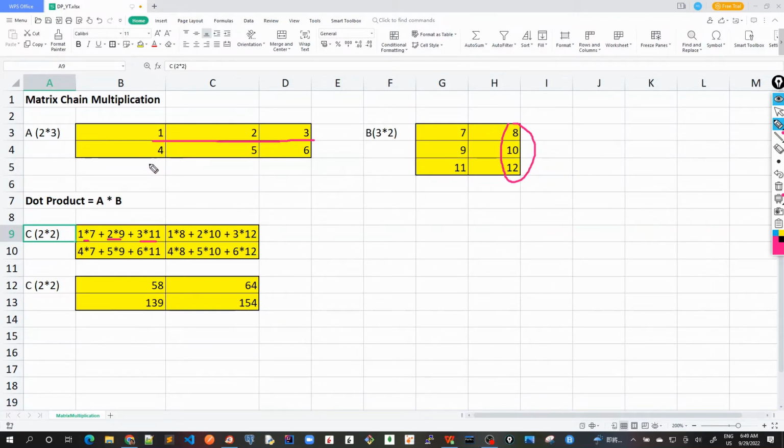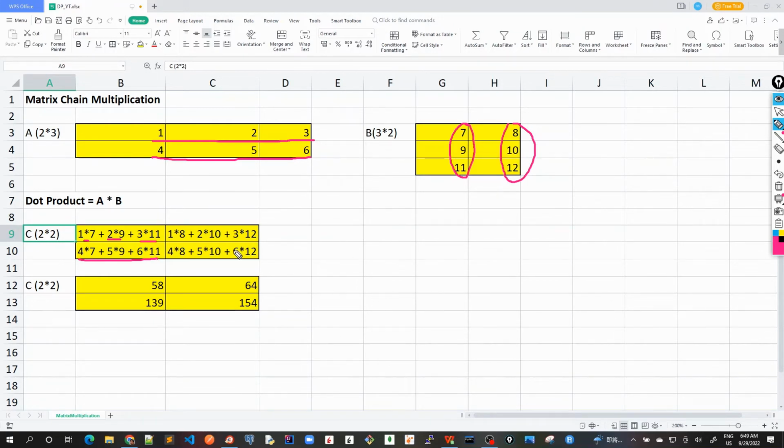Similarly, for the next row, it was 4, 5, 6, the second row, multiplied by this column, which comes here, this formula. And for this, again, 4, 5, 6 multiplied by 8, 10, and 12. After doing all these products, these are the final values that we got for the dot product of A and B. So this was the basic formula for doing the dot product of any 2 matrices.